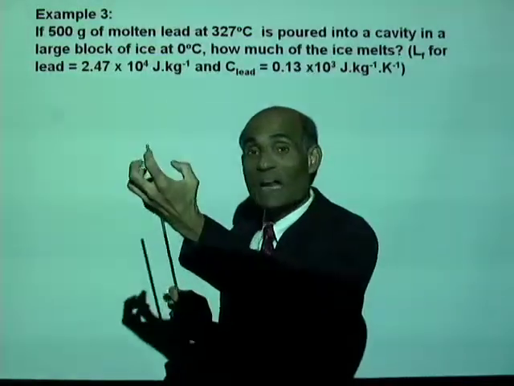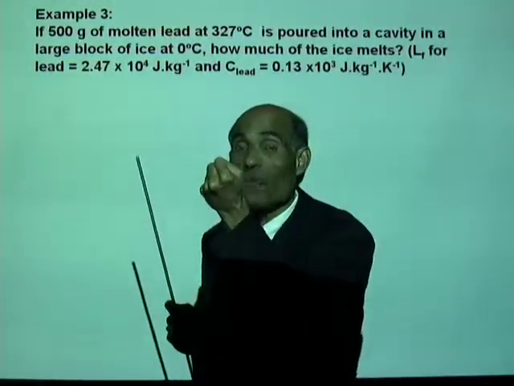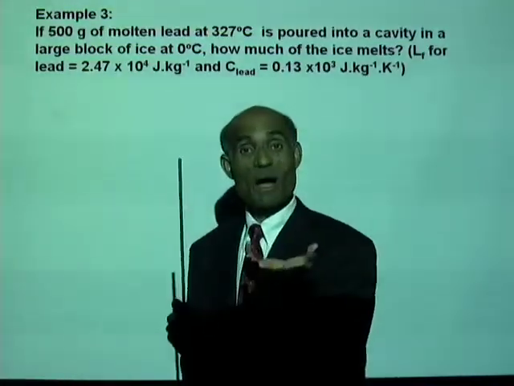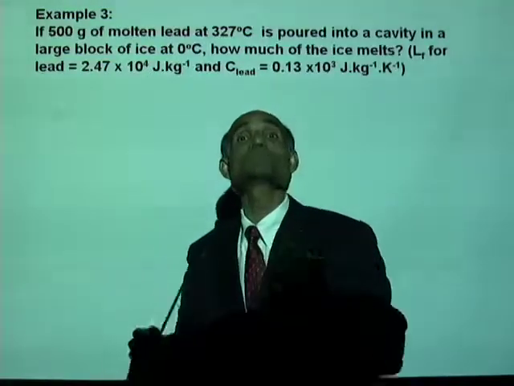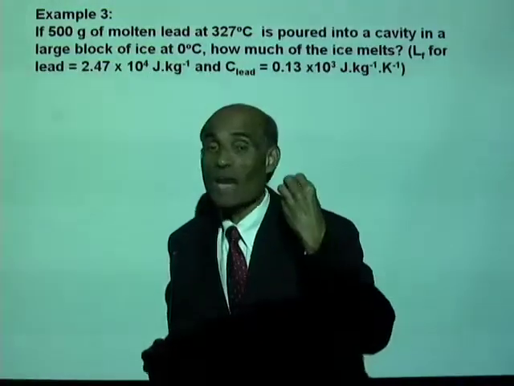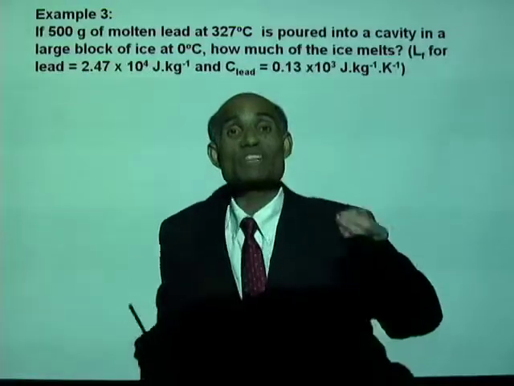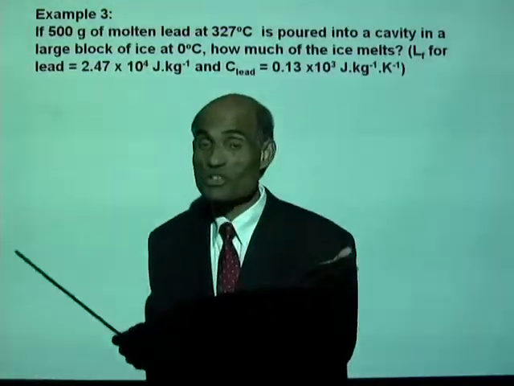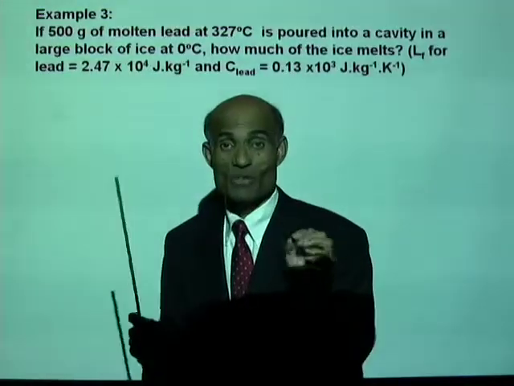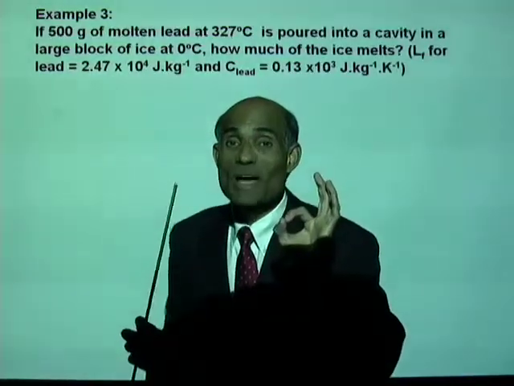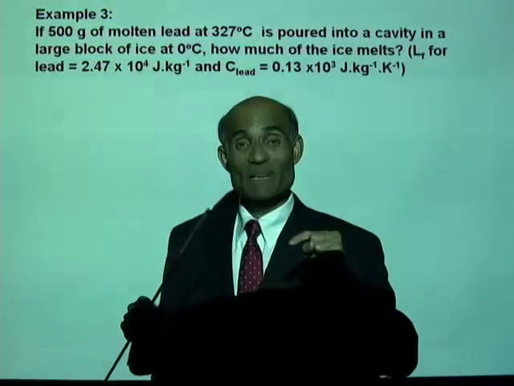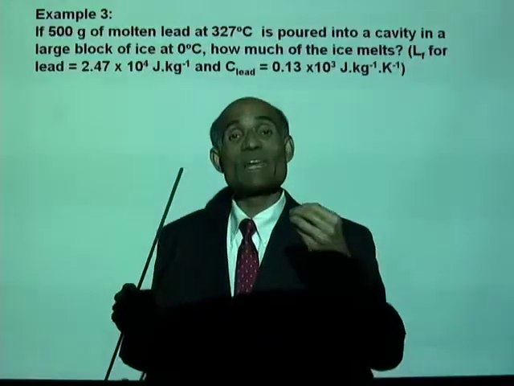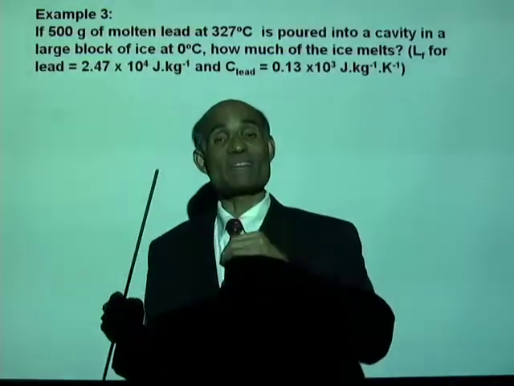Now where is all that heat going? All that heat lost by lead is now absorbed by some amount of ice to melt. So all the ice is doing is changing its state from solid to liquid. Is the temperature of ice changing? No. So if m kilograms of ice gets melted, the amount of heat absorbed will be m times latent heat of fusion of ice.